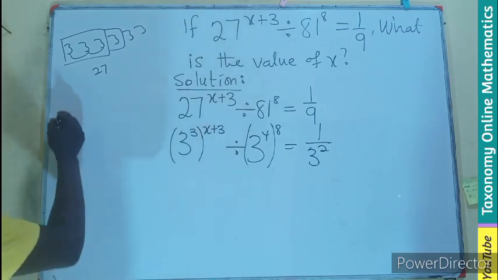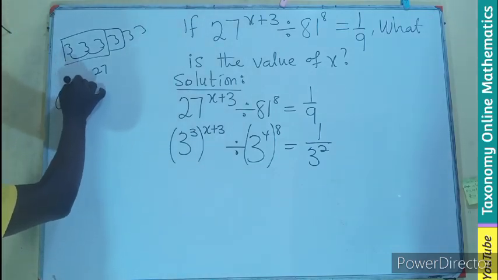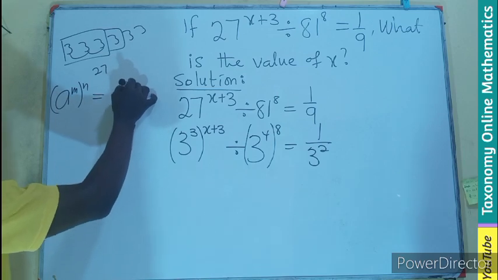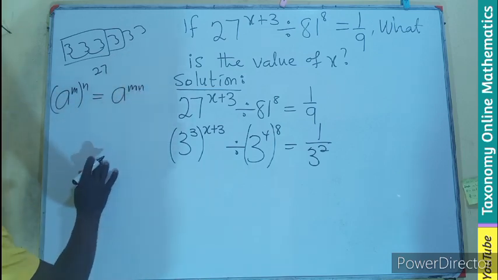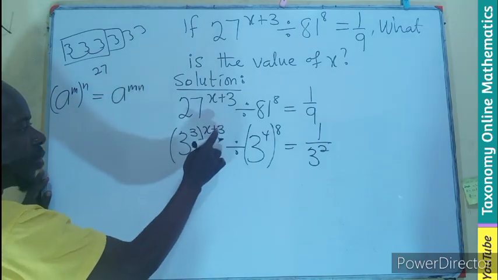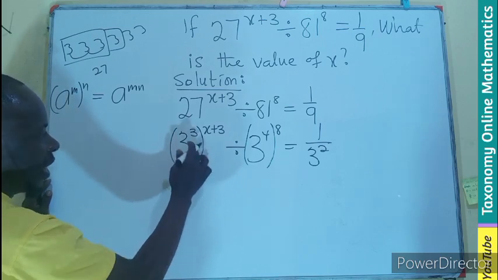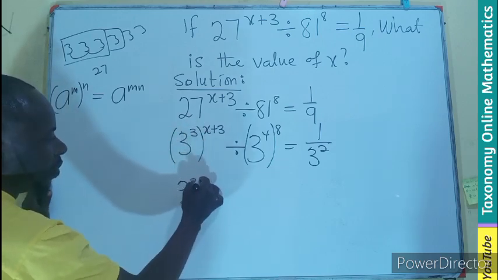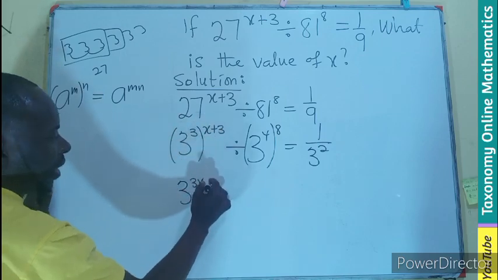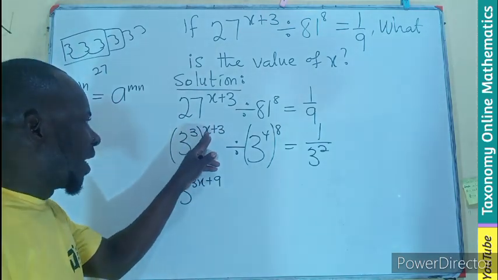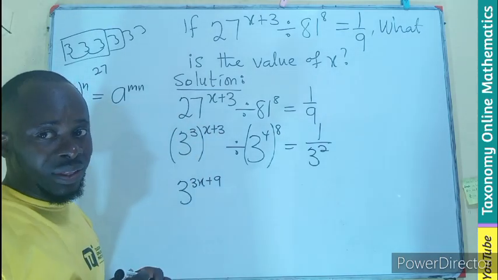Alright. Remember, if you have a exponent m, raised to n, it is a matter of multiplying the exponent. So here I will just be multiplying the exponent, which means this becomes 3 exponent of 3 times x, 3x, 3 times 3, 9. If you make a mistake, you only multiply the x by the 3, leaving the other 3.